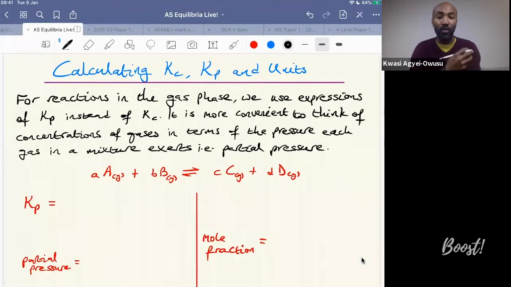Okay, so if we're writing an expression for Kp for this reaction in the gas phase, where you've got A reacting with B to give you C and D, very similar to what we did with Kc, we're going to use a lowercase p to indicate partial pressure, and we're going to use normal brackets rather than square brackets.